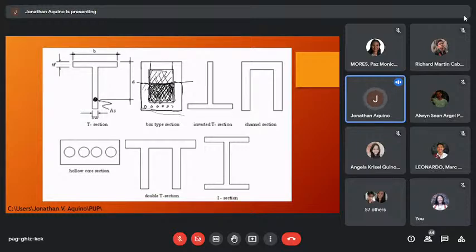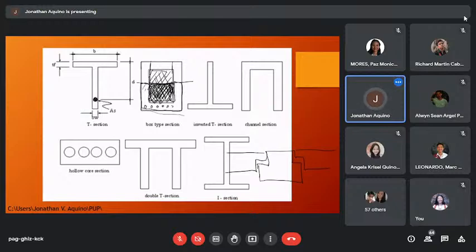So another is inverted T. Okay? So itong inverted T, makikita ninyo to kadalasan sa mga precast construction or sa mga bridges. Kaya lang sa bridges naman, inverted T siya in the sense na malaking inverted T. So ito yung mga girder natin, yung mga AASHTO girder.